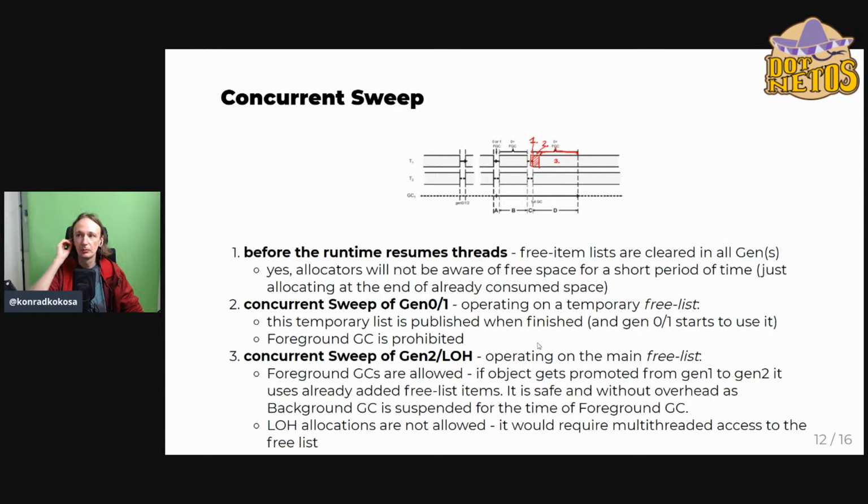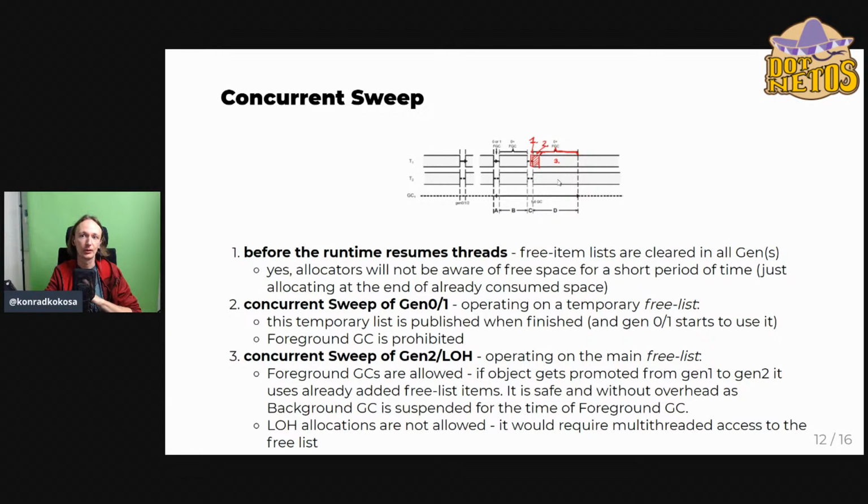It is not allowed because then we would really have multi-threaded access to the free list. On the one hand, large object heap allocations are just regular code that will be happening and trying to reuse this list, while the same list is being changed by the concurrent sweep. So we could decide to use a lock here, or just postpone large object heap allocations.